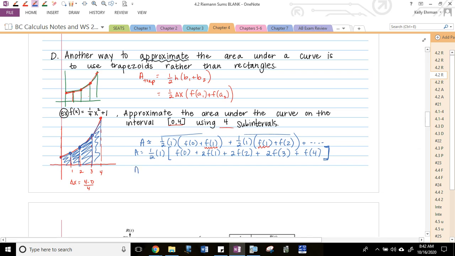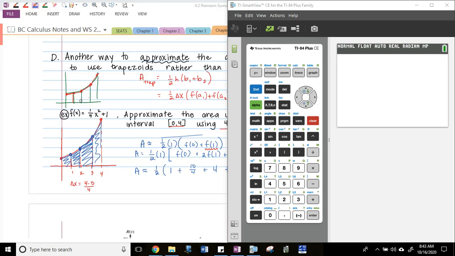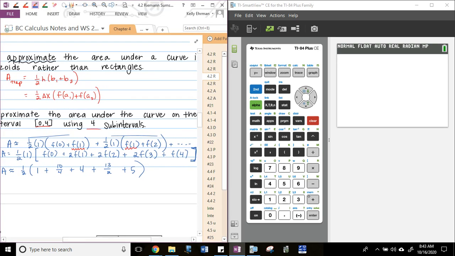And again, in the interest of time, I went ahead and calculated this ahead of time. Oh, but my answer got cut off. So I guess I don't have an interest of time. We have 1/2 times, this is 1 plus 10/4 plus 4 plus 13/2 plus 5. Since I'm almost out of time before class starts, I am going to do this.